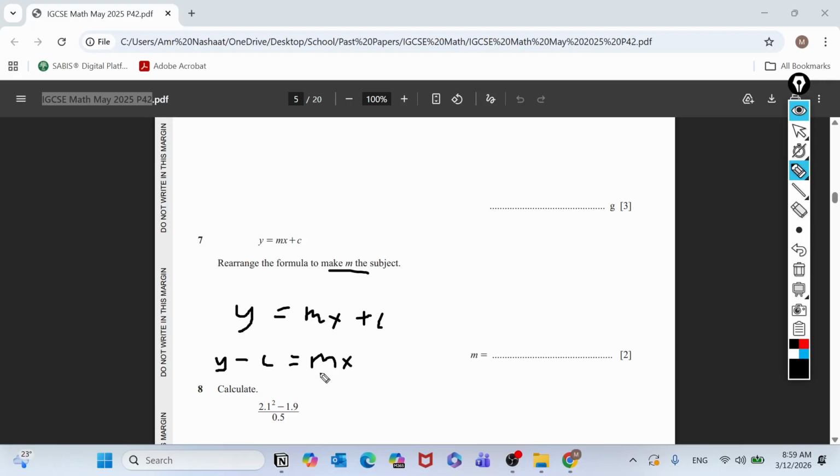And yeah, you divide both sides by x. X cancels out here, so you just have (y minus c) over x equals m. That's the answer.